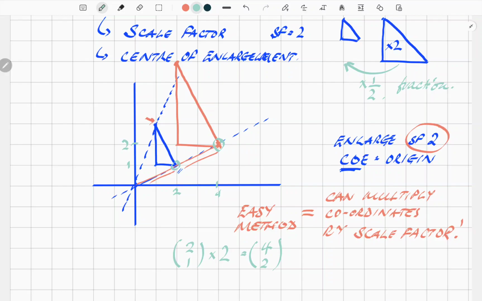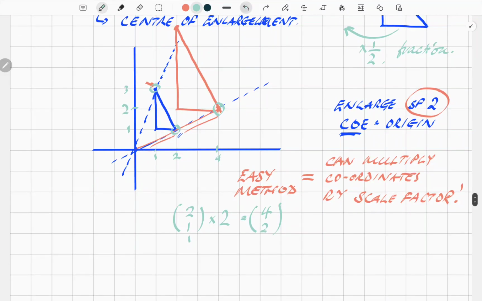That one here started off life as 1, 3, again times 2.